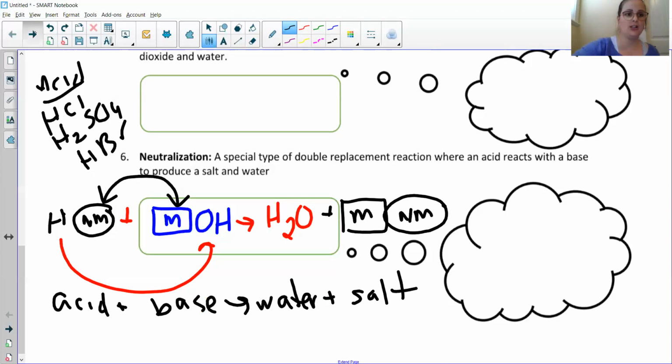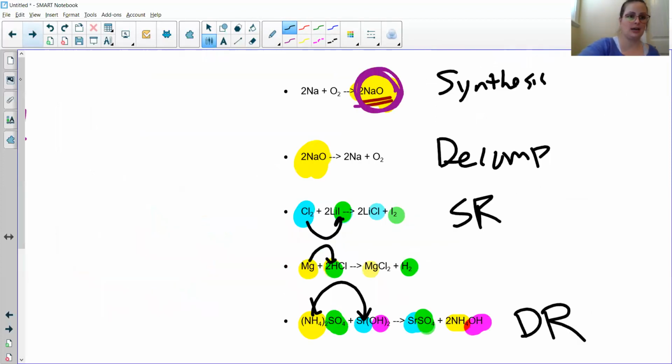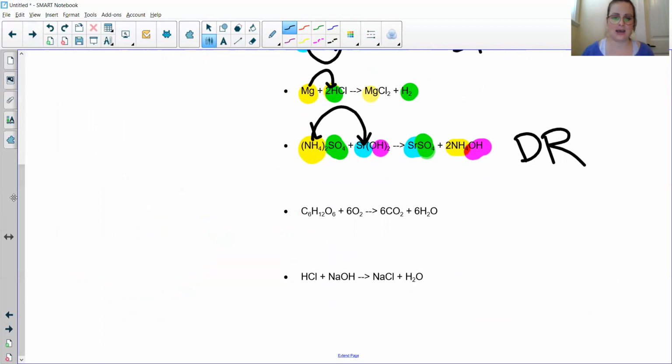I don't have an analogy for this one, unfortunately. Okay, so if we look at our reactions that I have over here, you don't have these, I'm just showing you an example. Here we have it looks like a compound with a compound forming a new compound, so you're going to want to call this double replacement, and you are not wrong.